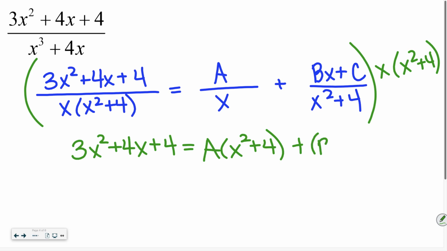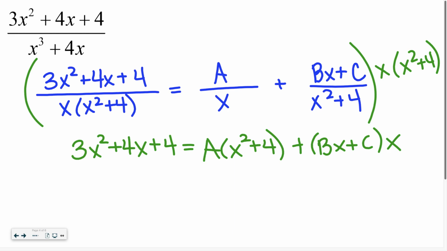So the quantity bx plus c, I have to put it in parentheses, is being multiplied to x. You have to put that into parentheses because it's more than one term and it's all being multiplied by, in this case, x. Okay? Now, here's the issue.